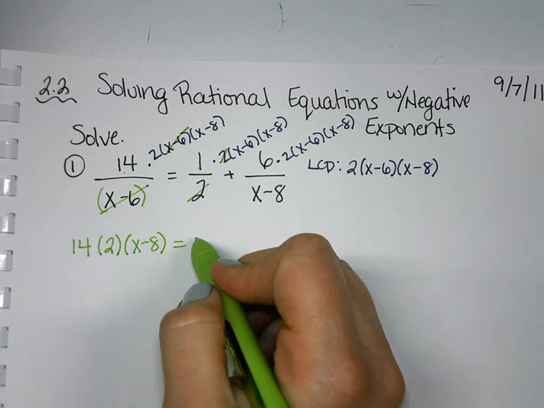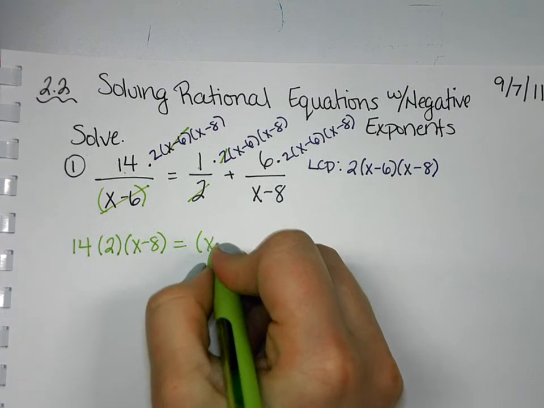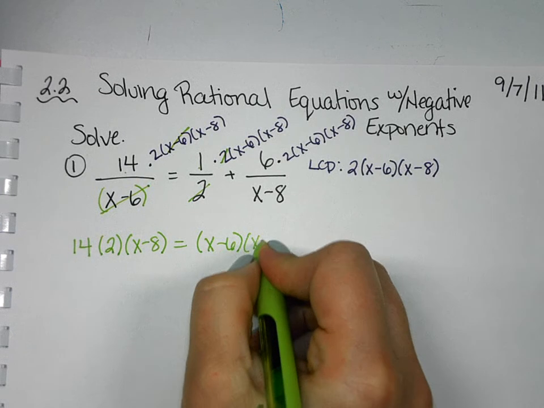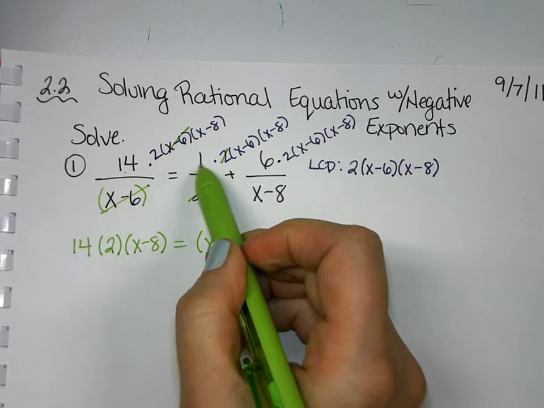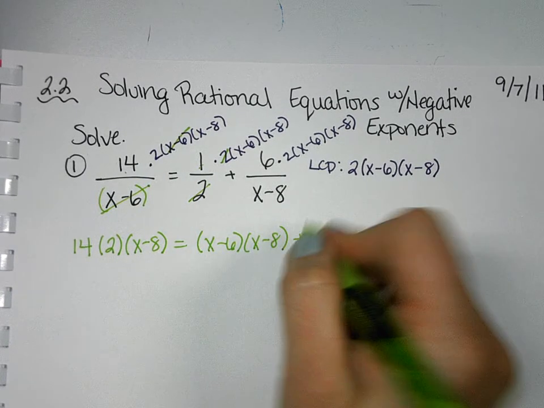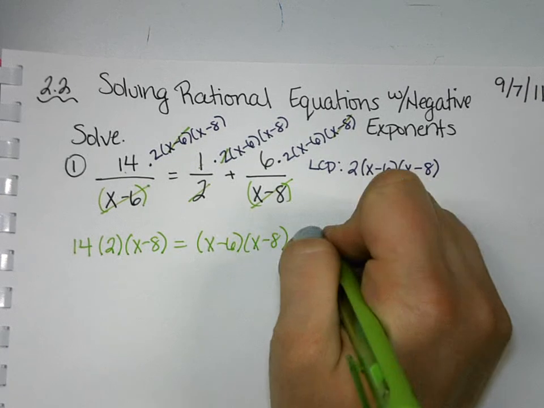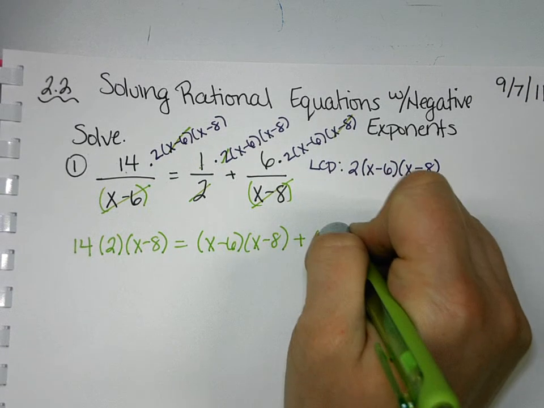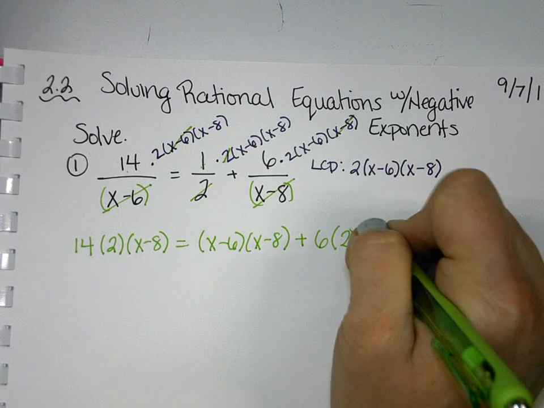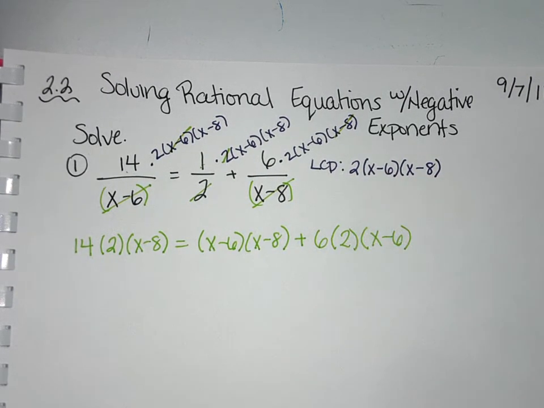I don't need to write the 1, but I do need to write the x minus 6 times x minus 8 that are getting multiplied to that 1. And then lastly, I can cancel the entire x minus 8. And I have the 6 times the 2 times the x minus 6. So now we've gotten rid of the denominators, and we can go ahead and combine like terms.